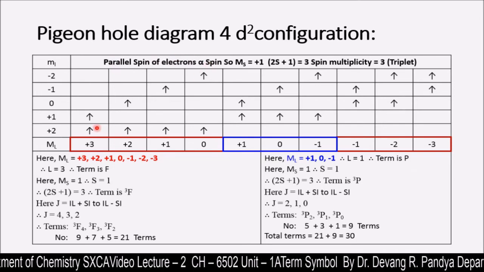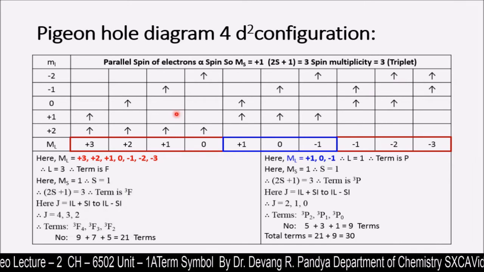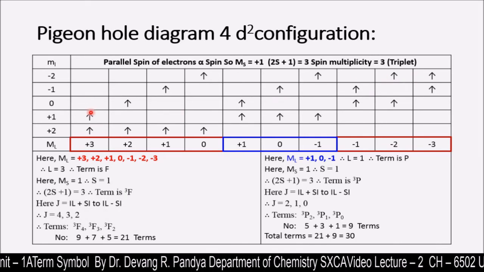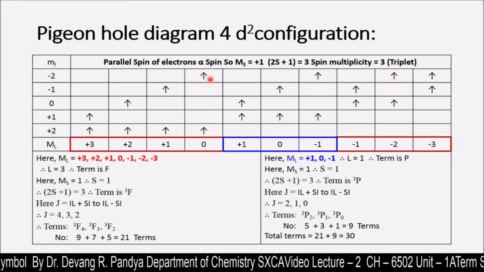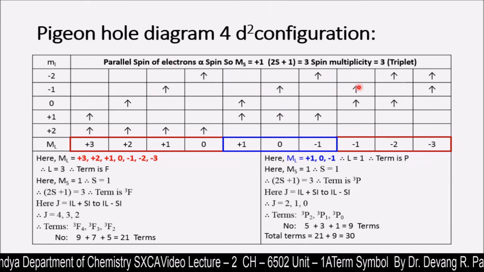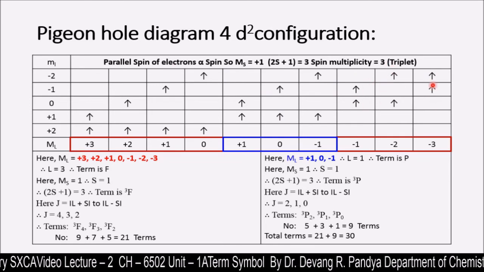You can see from this to this arrangement all alpha spin arrangements of electrons are there. 1, 2, 3, 4, 5, 6, 7, 8, 9 and 10 arrangements are there.